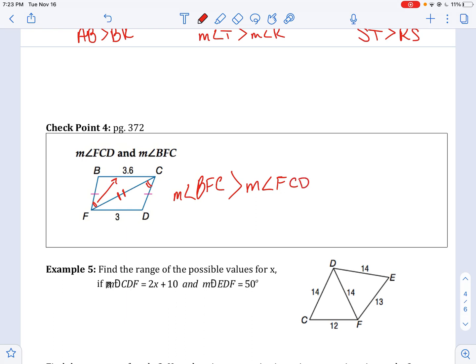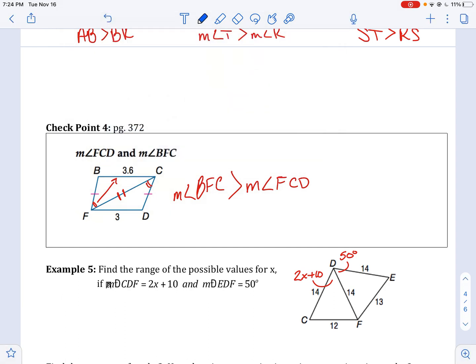In our last problem here, find the range of possible values for x if CDF is 2x plus 10 and EDF is 50 degrees. We have two pairs of congruent sides. I want to find the possible range for values of x, but my question is, in the Hinge theorem, if I have two pairs of congruent sides and these are the opposite sides, how could I compare this angle of 50 with its adjacent angle?